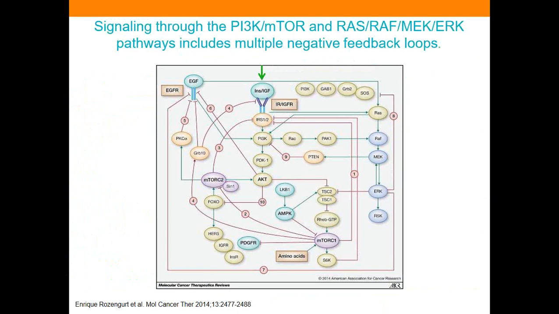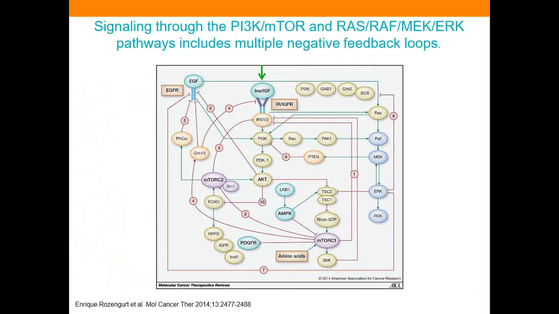And mTOR1 has a negative feedback on mTOR2. So if you knock out mTOR1, you're going to have an increase in mTOR2. We then go to number 3, which shows a negative feedback from mTOR2 to that same insulin receptor substrate 1 and 2. So when mTOR2 is functioning, it inhibits the insulin receptor substrate 1.